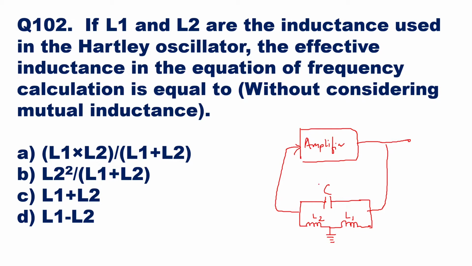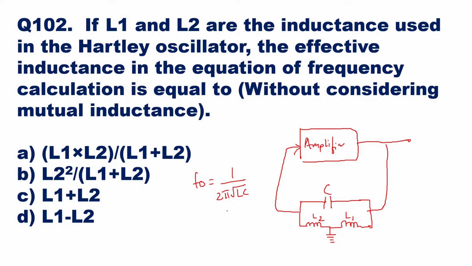Now in this, the frequency of oscillation will be given as, say, the general formula for frequency of oscillation: f naught is equal to 1 by 2 pi root LC for a tank circuit.